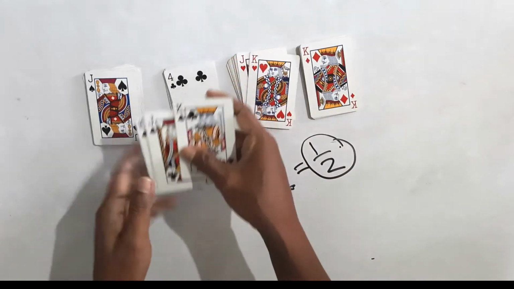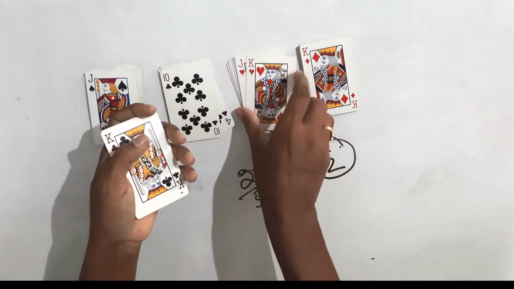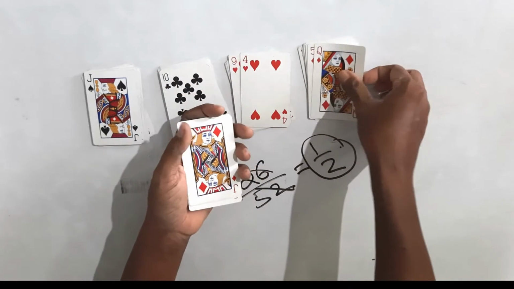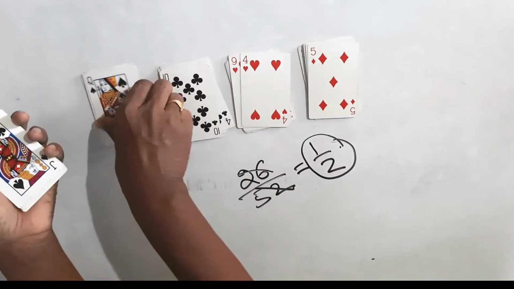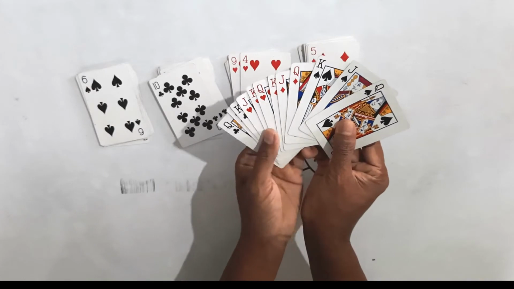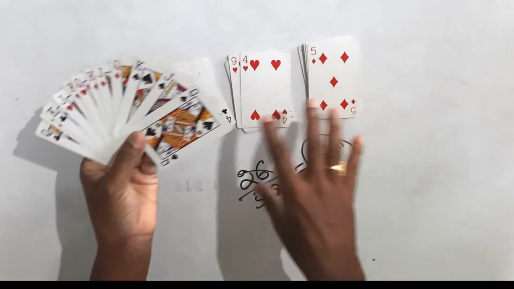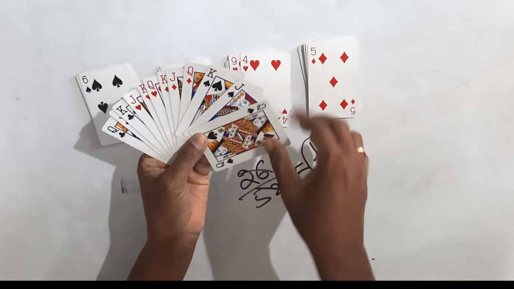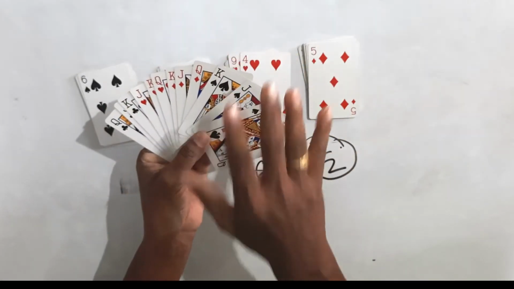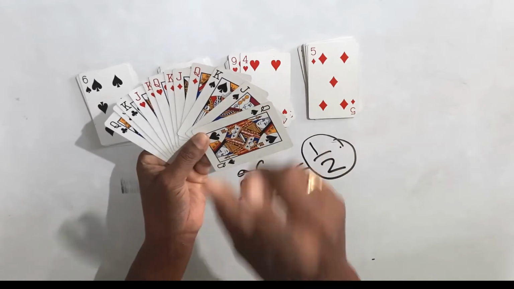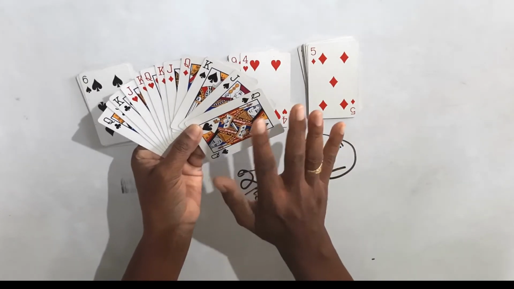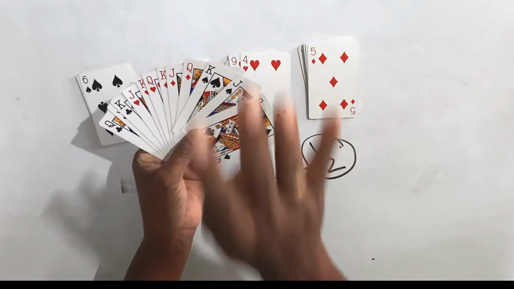Now look here, I am just taking them in my hands. There are 12 cards. While picking up the cards, he may pick this one or this one or this one, in this way. So there are 12 possible cases in which he will find a face card. So the number of favorable outcomes is 12.